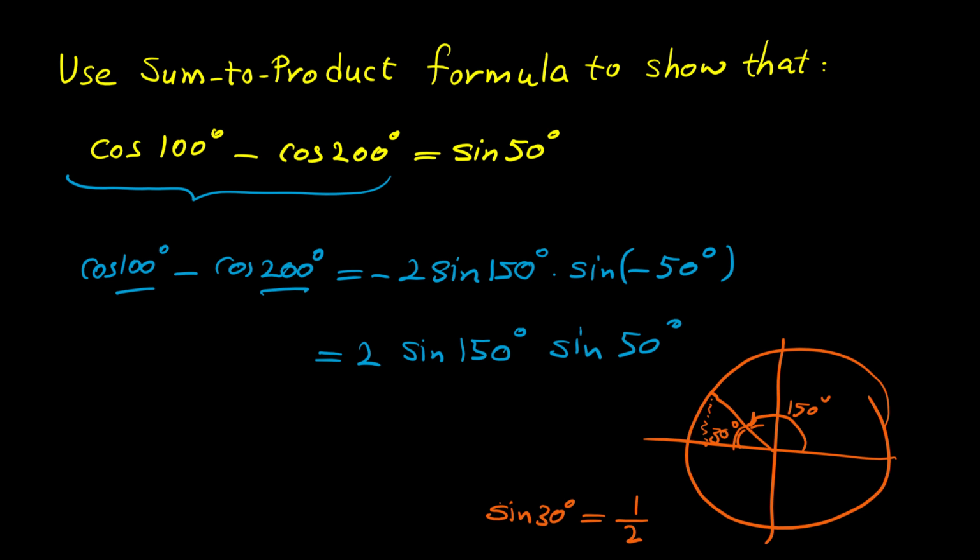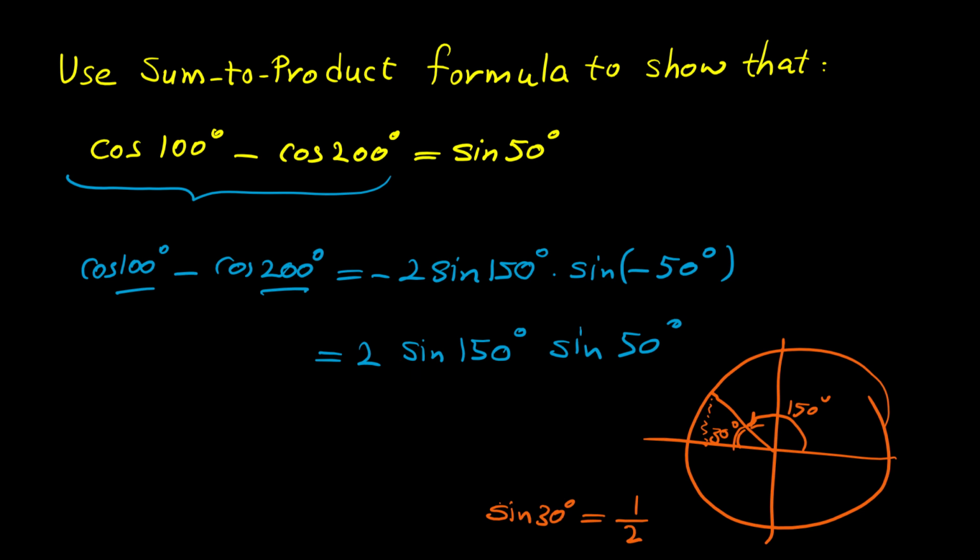Sine is positive in quadrant 1 and quadrant 2. So sine of 150 degrees is the same as sine of 30 degrees because the reference angle is 30. And it is positive because in second quadrant, sine is positive. So sine of 150 is exactly the same as sine of 30 degrees. And sine of 30 degrees is 1/2. So this completes our proof.